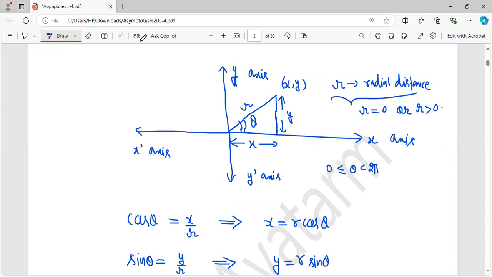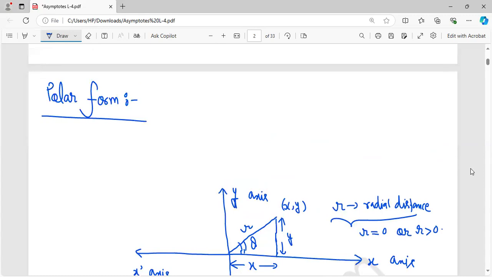So I am writing the definition of polar form.